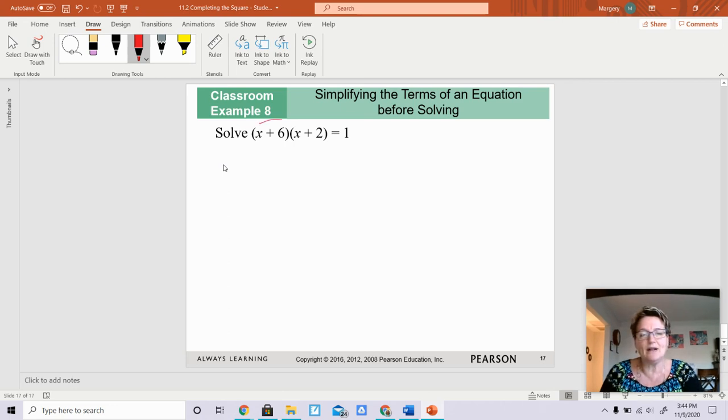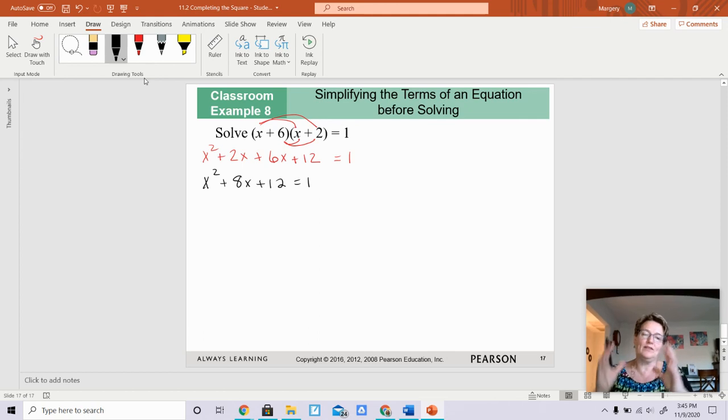So I'm going to go ahead and multiply these two together. I'm just expanding it. That's all I'm doing. Multiply those two together and multiply those two together. Equals 1. Don't forget the 1 on the other side. Now what you're going to do is combine like terms. I have x squared plus 8x plus 12 equals 1.